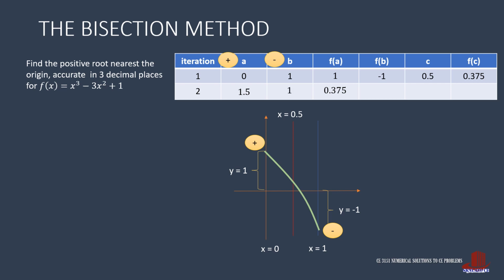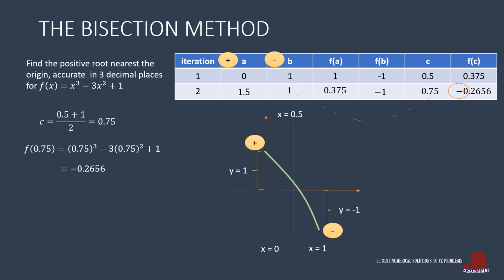With these parameters placed, we can now solve c as 0.5 plus 1 over 2, giving 0.75. Then use this value to figure out f of c, which comes out as negative 0.2656. Take note that this is negative, which means c should replace b.